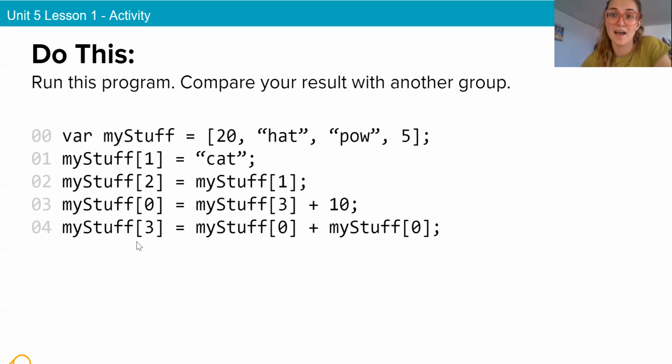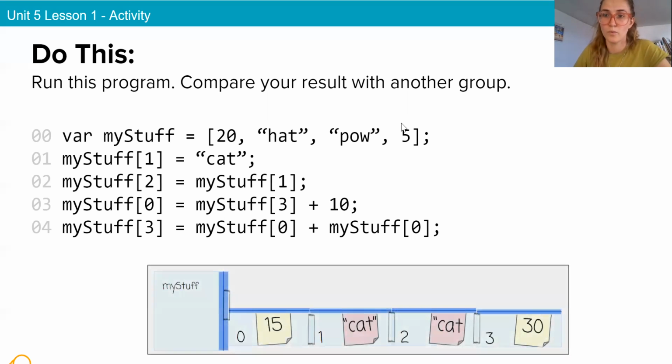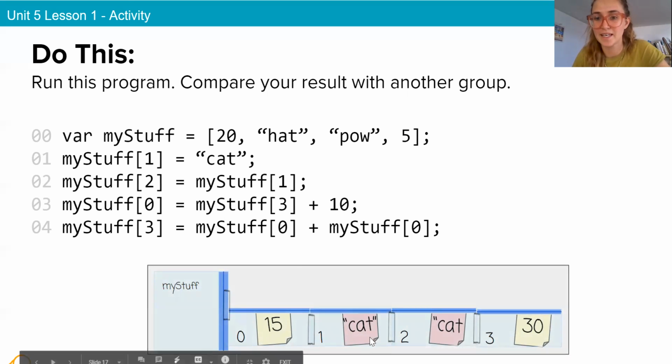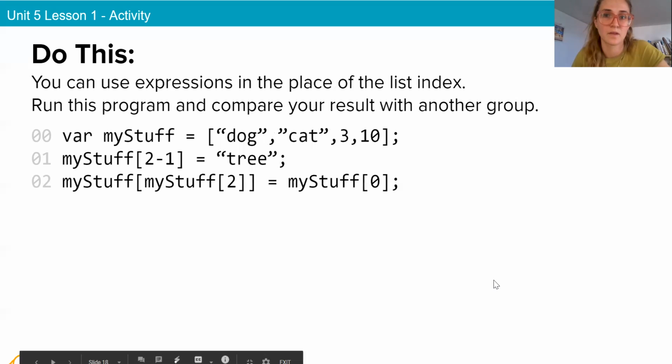So now I assign the value of the element at index 3 of the list myStuff to be 30. So what I'm going to end up with is 15, cat, cat, 30. Let's see if I'm right. I am. 15, cat, cat, 30. Cool? Let's keep going.